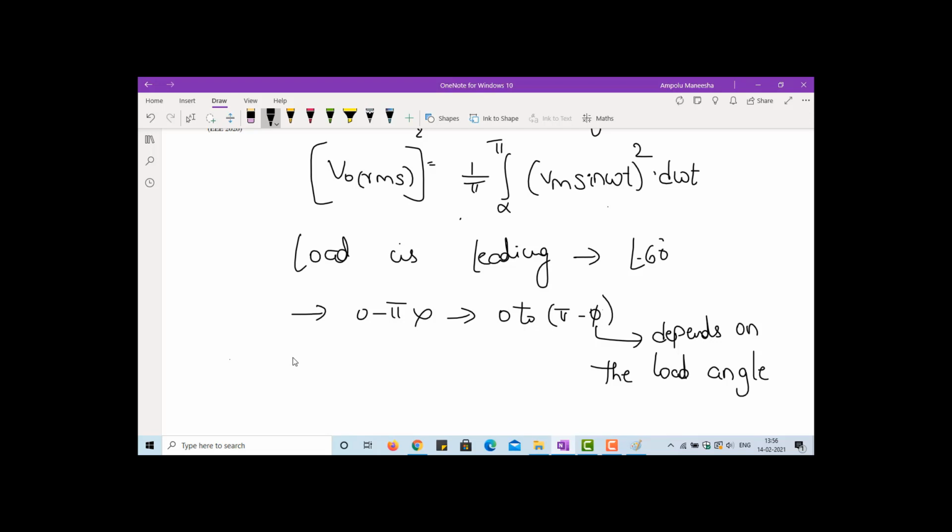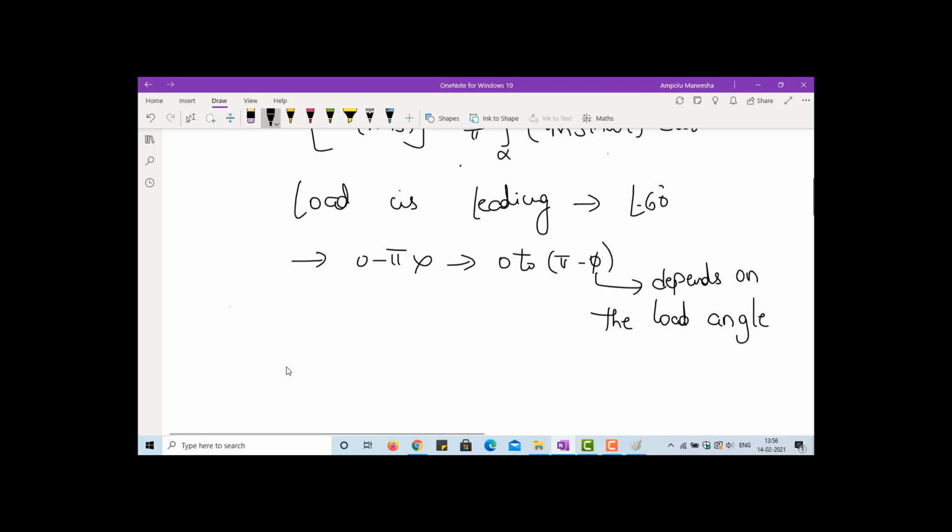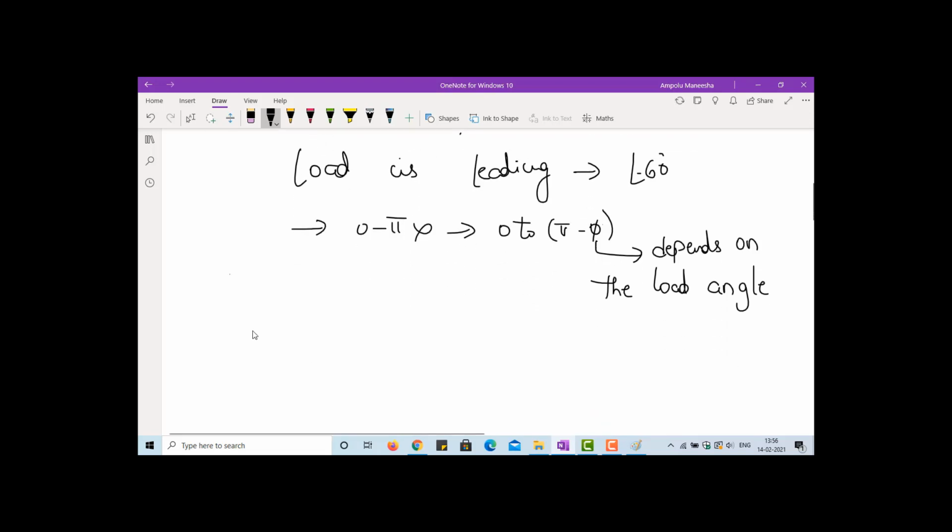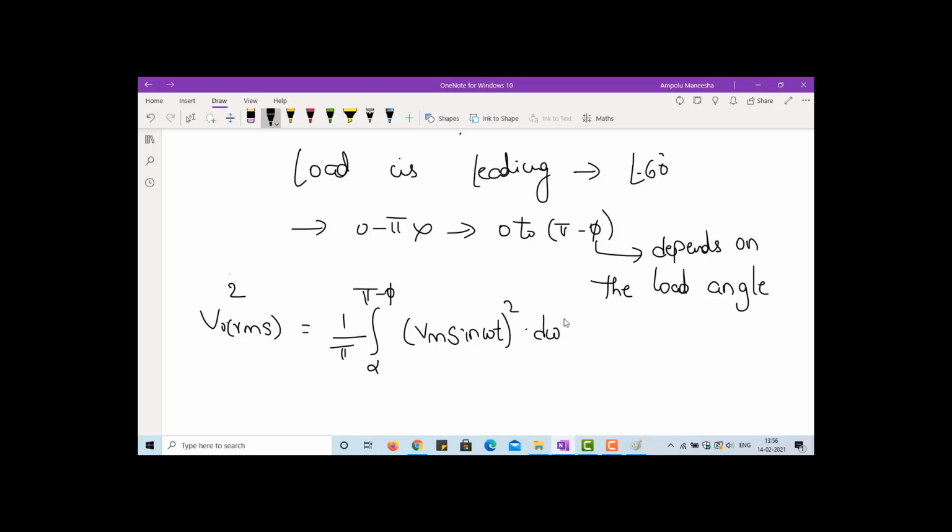So for this circuit, the output voltage is given by V0 RMS square is equal to 1 by pi integral alpha to pi minus phi of (Vm sin omega t) whole square d omega t.